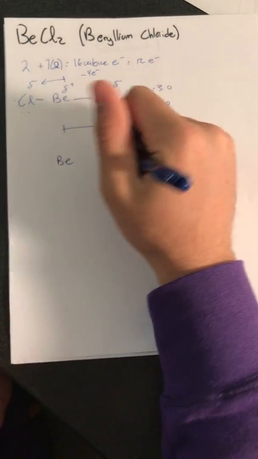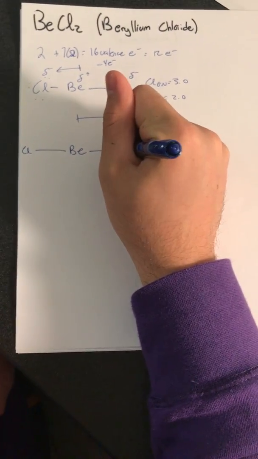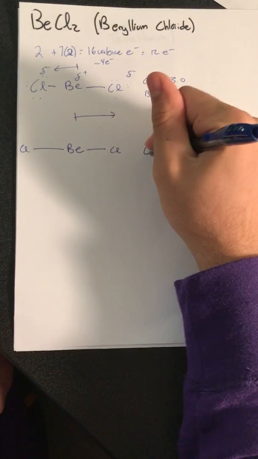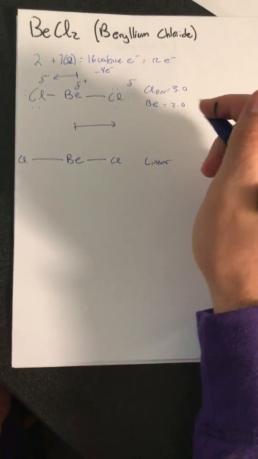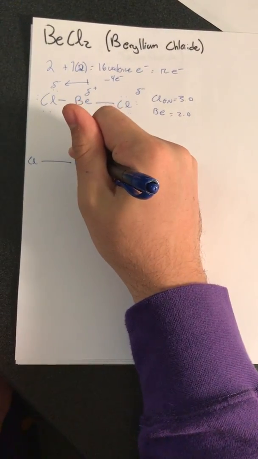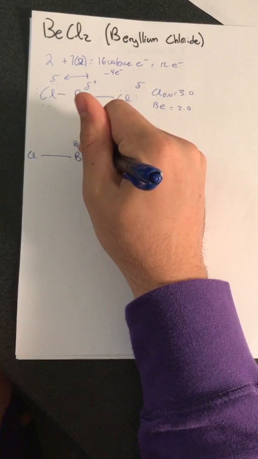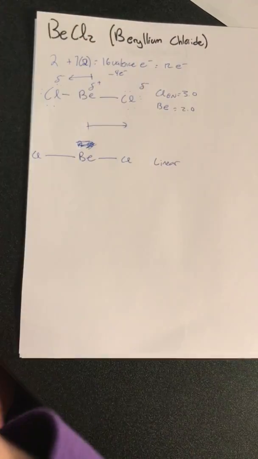So now that we know this, we can skip to the geometry. So this is going to have a linear geometry, both electron domain and molecular, because there are no sets of unpaired electrons which would make it bent, and there are 2 domains.